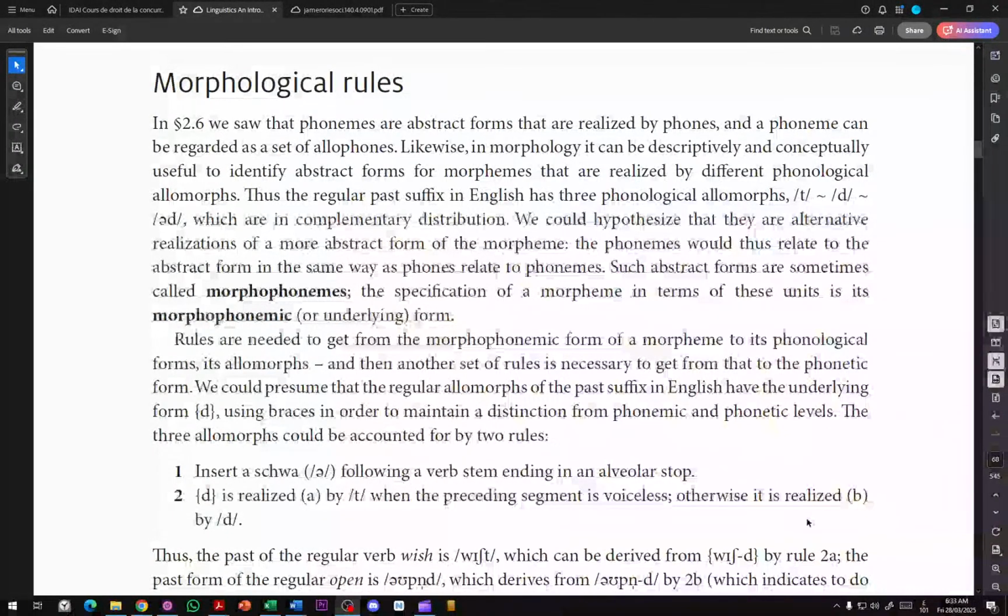Rules are needed to get from the morphophonemic form of a morpheme to its phonological forms, its allomorphs. And then another set of rules is necessary to get from that to the phonetic form.